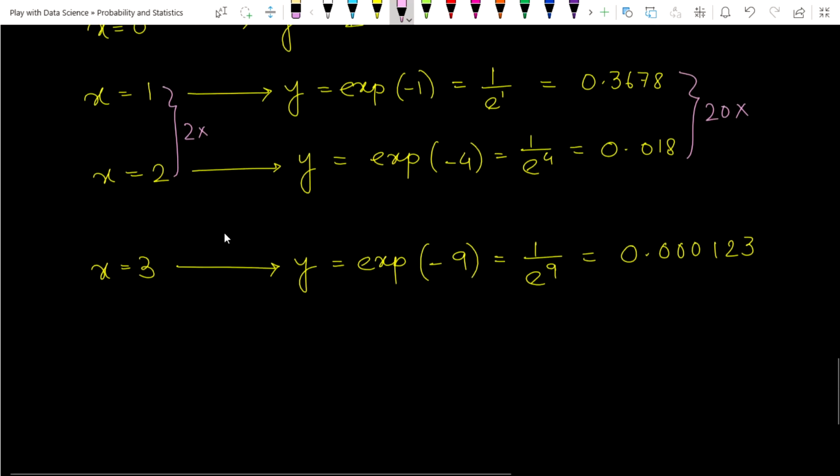Now let's see the next step. I am changing this value from 2 to 3, which is 1.5x. Now let's see how much it changes here. It's approximately near 100x. So if we change our independent variable by 1.5x, the dependent value, our probability, changes by 100x.